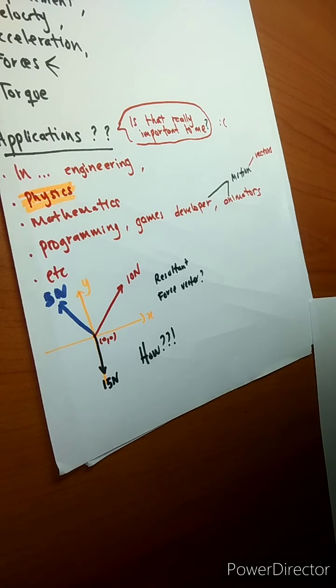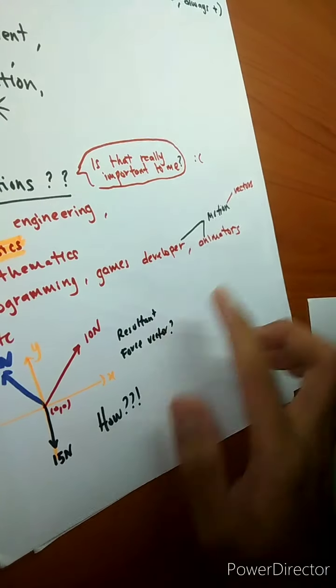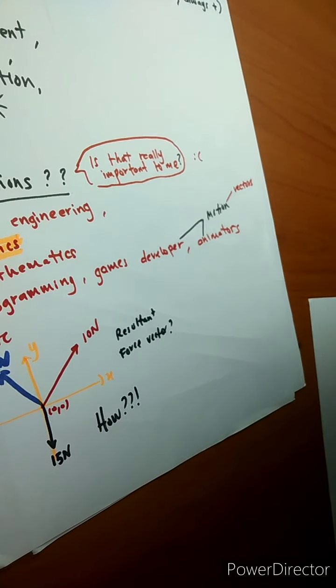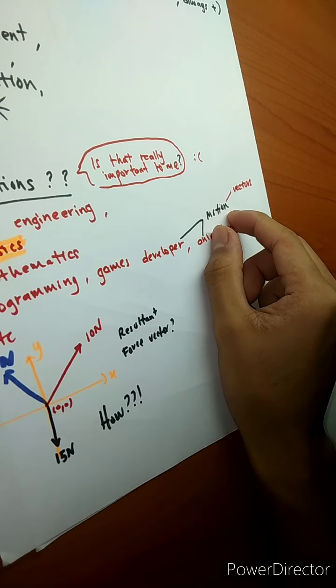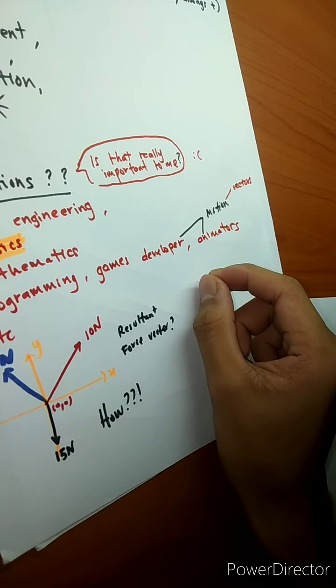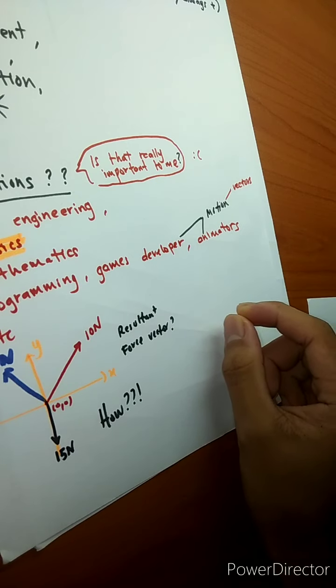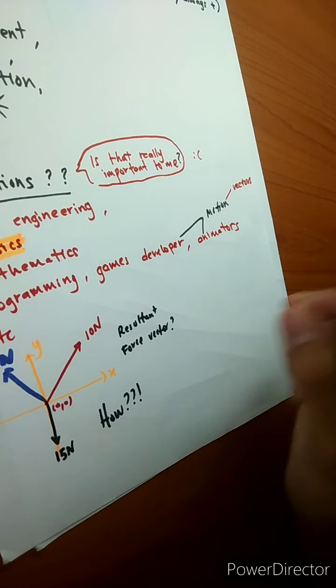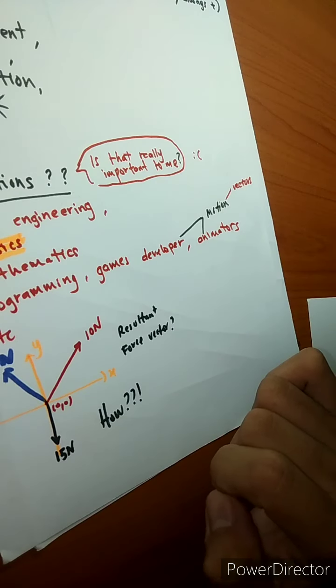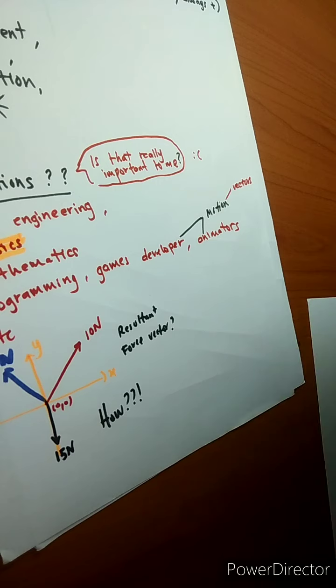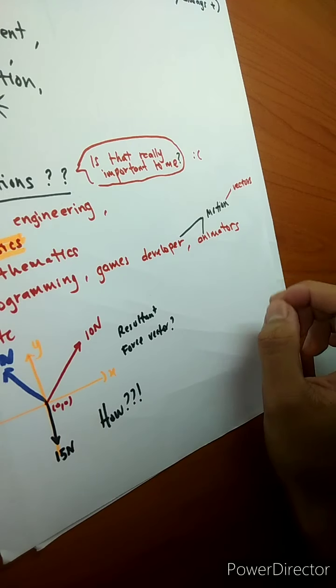We can also take the example of an animator or game developer. When you are interested in developing a new game, you need to have a deep understanding of vectors, because you are dealing with motion. When you create a character in a game, you need to make it move according to the person who controls it, for example me, the player, using the analog stick.